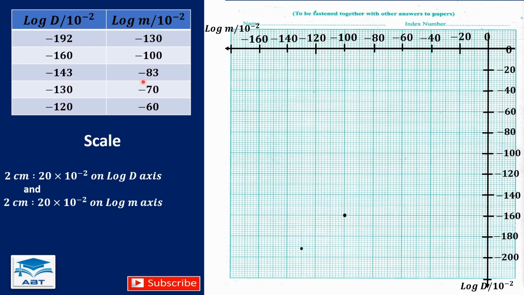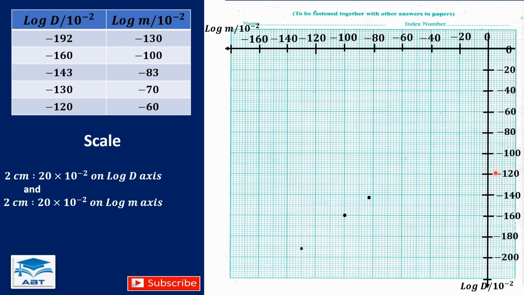The next one, negative 143. So this is negative 140. One box will be negative 142. So in the middle of the next box will be negative 143. And 83, this is 80. One box will make it 82. And in the middle of the next box will be 83. They will meet here. And the next one, negative 130 on the vertical axis.